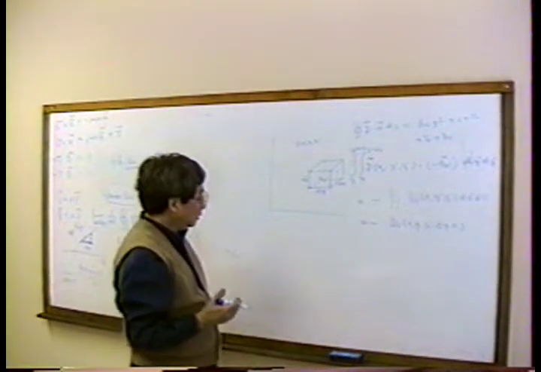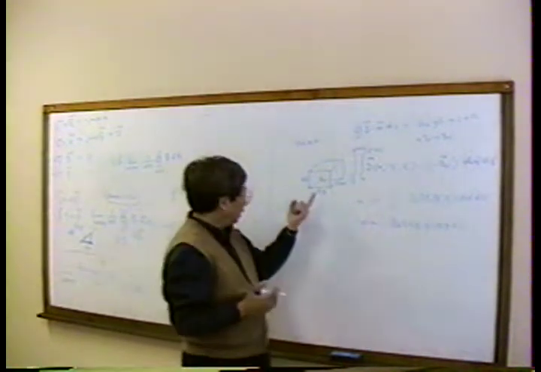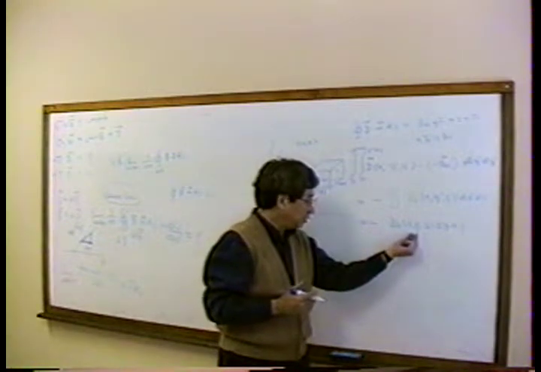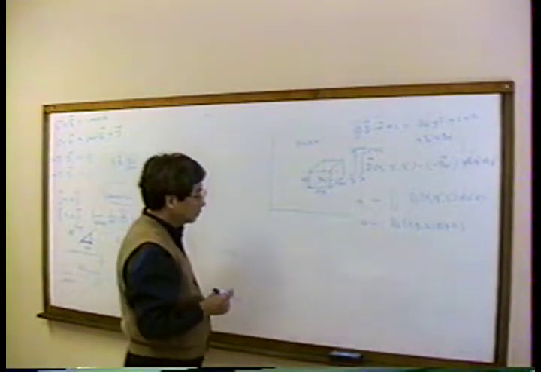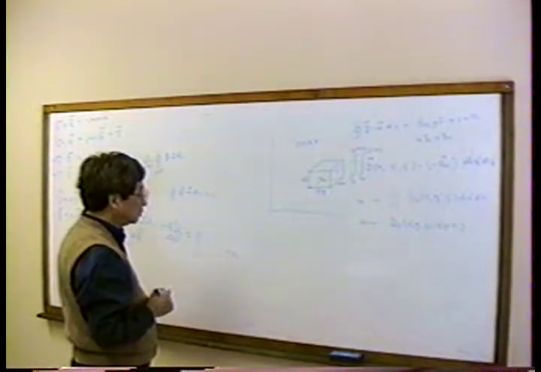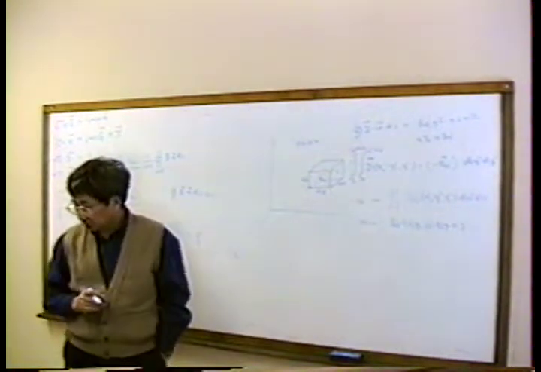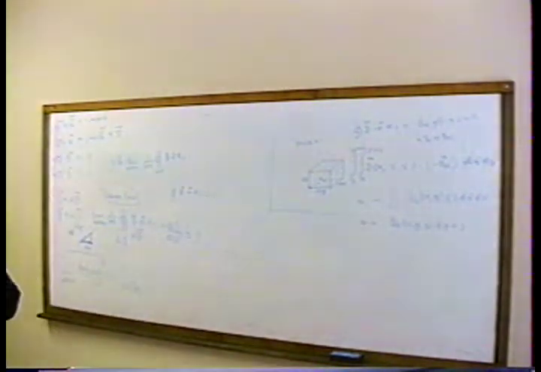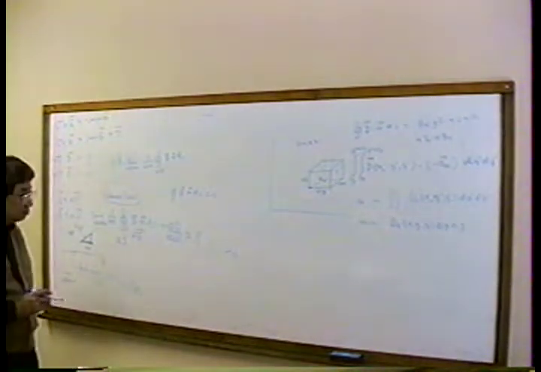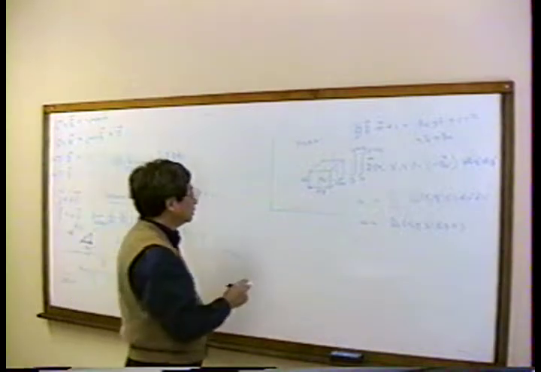Since this is going to shrink to 0 over that delta y delta z, this doesn't change. Okay, so this is the back.